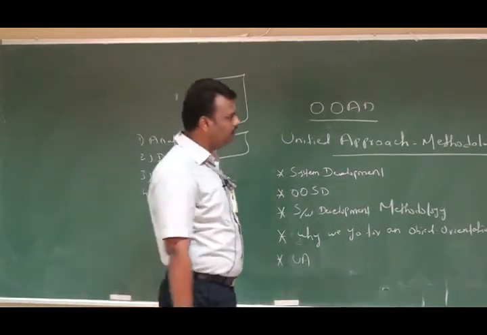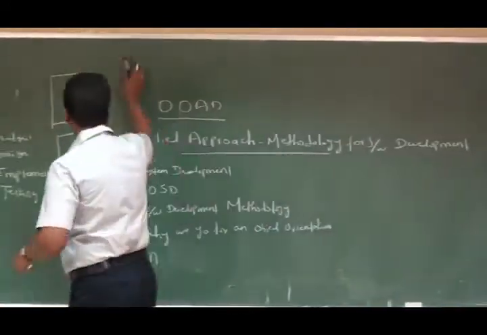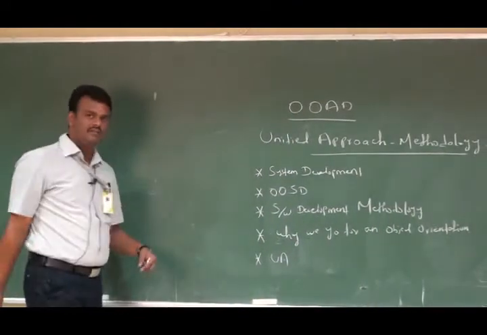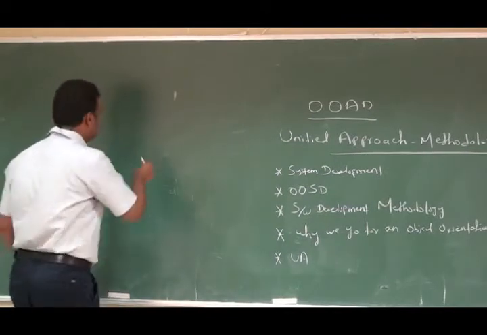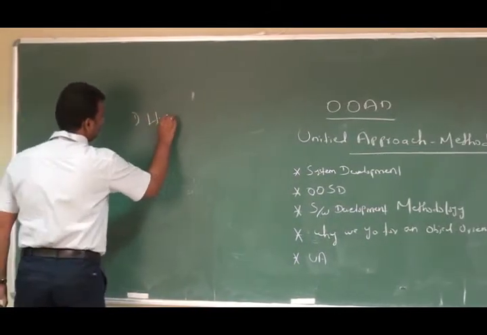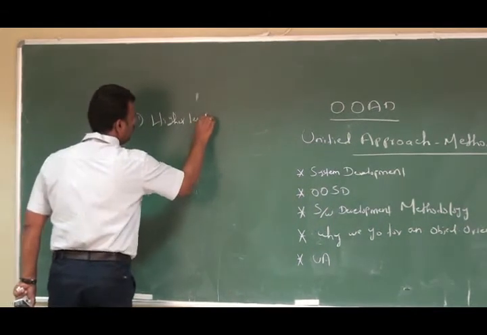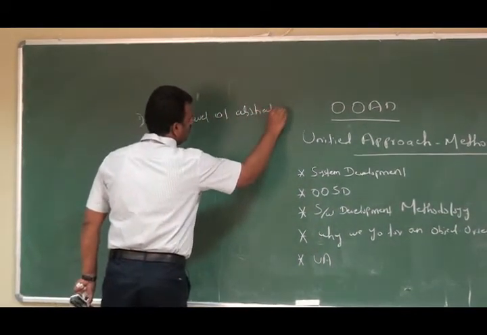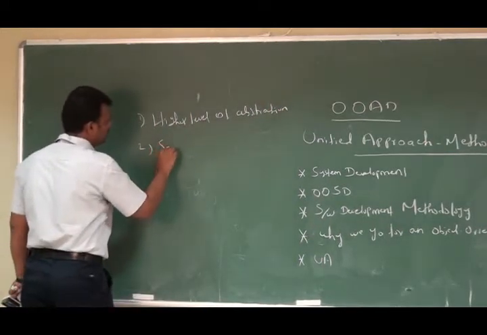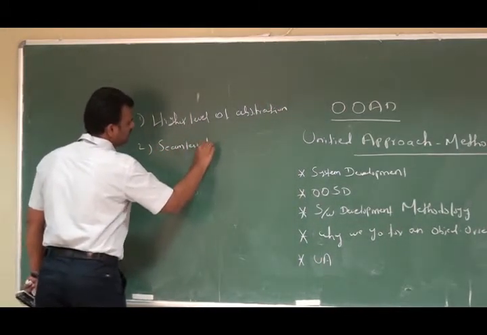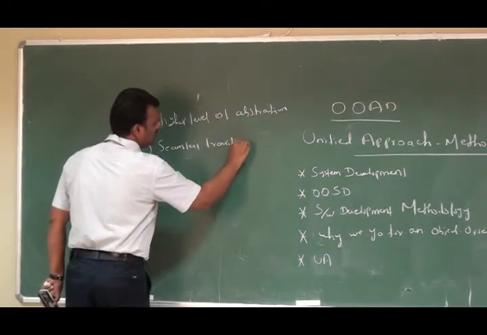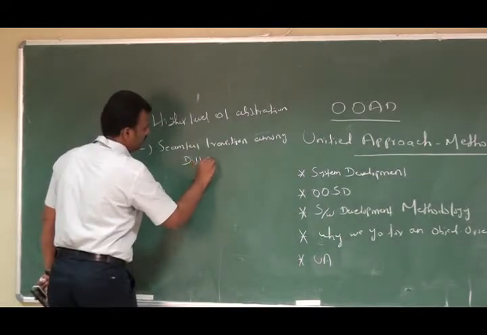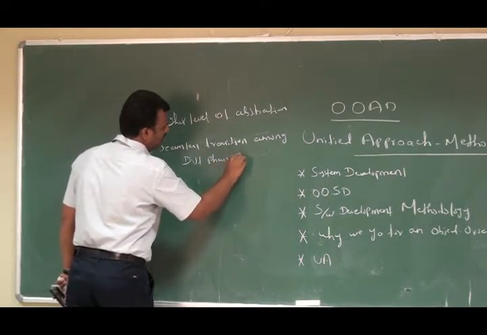Then why do we go for object orientation? What is the difference between the traditional approach and the object-oriented approach? The first one, higher level of abstraction. The second one, seamless transition among the different phases of software development.